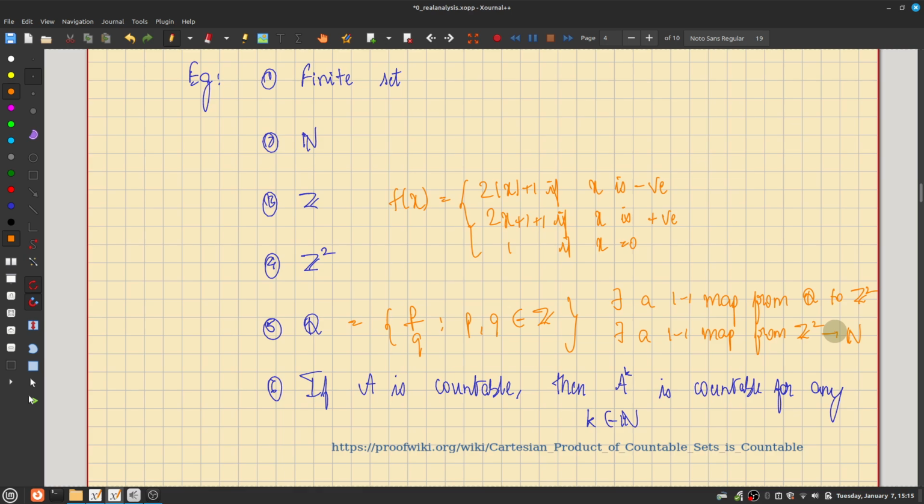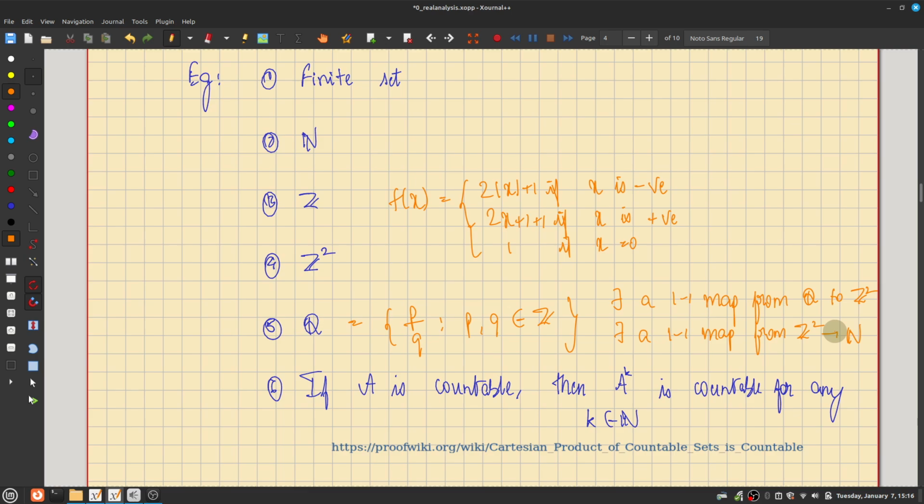Because of this non-uniqueness, 1 by 2, 2 by 4, etc., that itself is an infinite set. But it doesn't matter. You take any rational number and represent it in its simplest form. So let's take 1 by 3, which can also be written as 2 by 6. But I'm going to map 1 by 3 to 1 comma 3, which will exclude pairs like 2 comma 6.